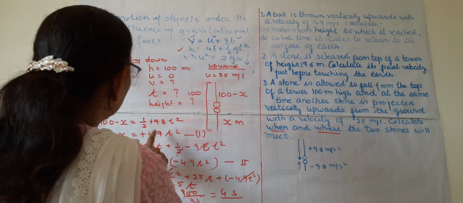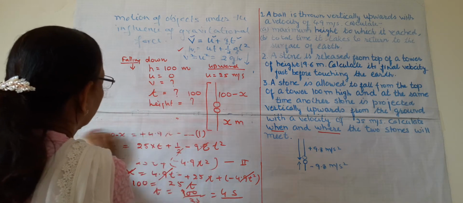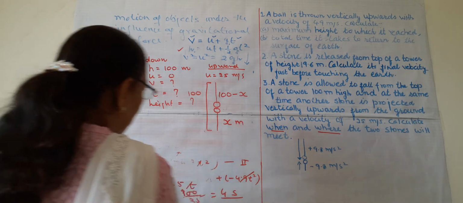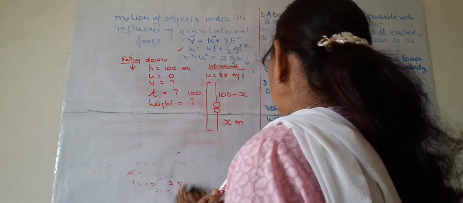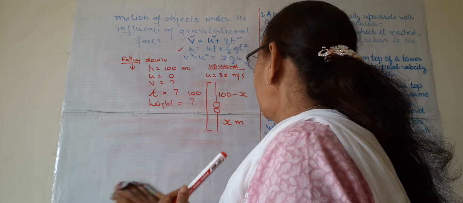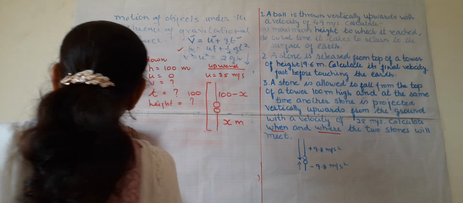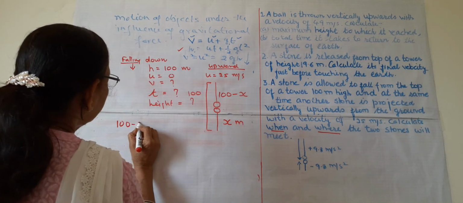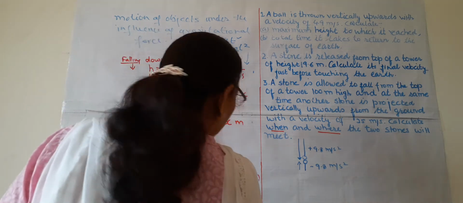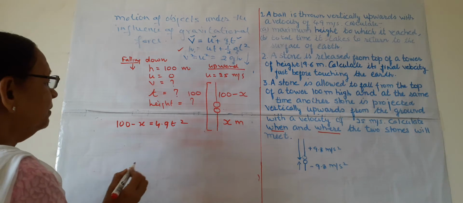Now we know the value of t, so we can calculate the value of x. I am taking this equation: 100 minus x is equal to 4.9 t square.